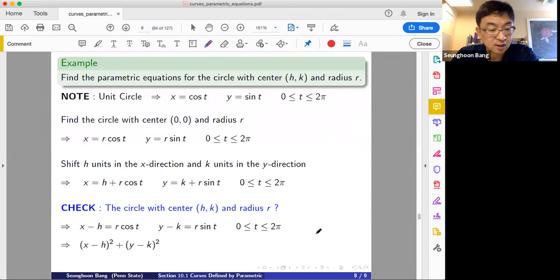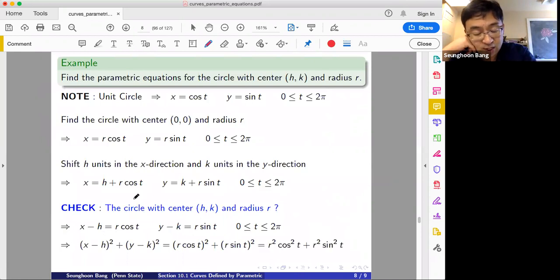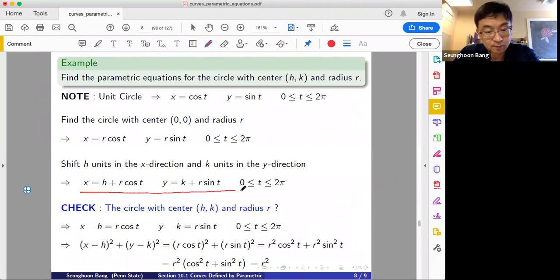Next, square both sides and add: r squared cosine squared of t plus r squared sine squared of t equals r squared times cosine squared plus sine squared. The cosine squared plus sine squared is exactly 1. 1 times r squared is r squared. That's it. That's the whole idea. This is key.